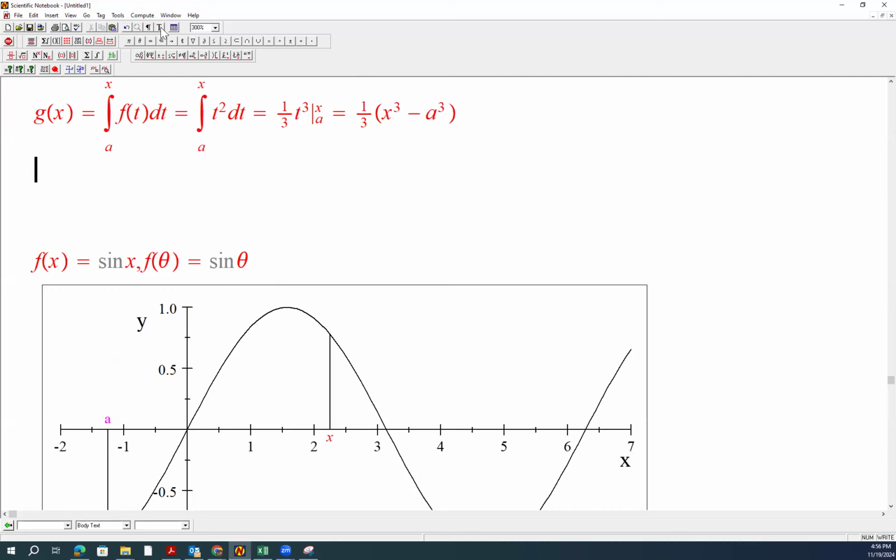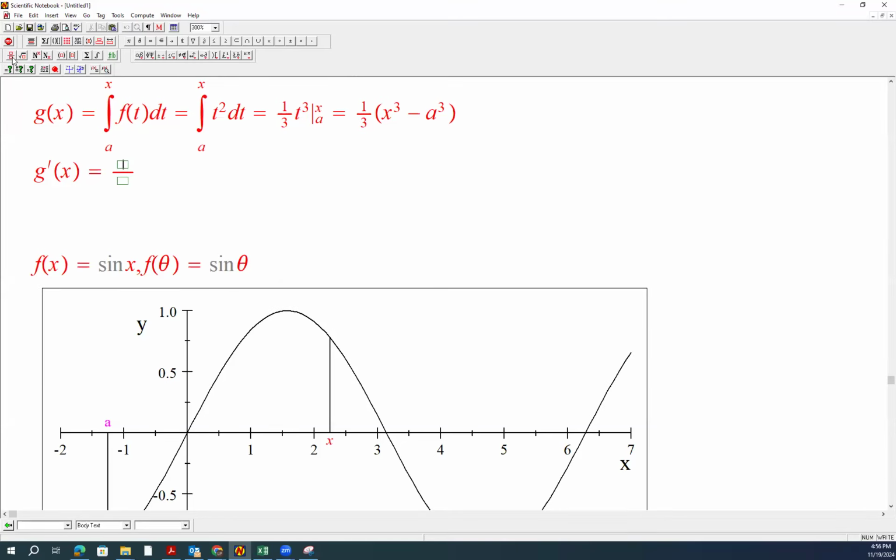So when we take a derivative of g, that's going to be 1/3, and the derivative of x to the power 3 is 3 times x squared. So we got x squared.